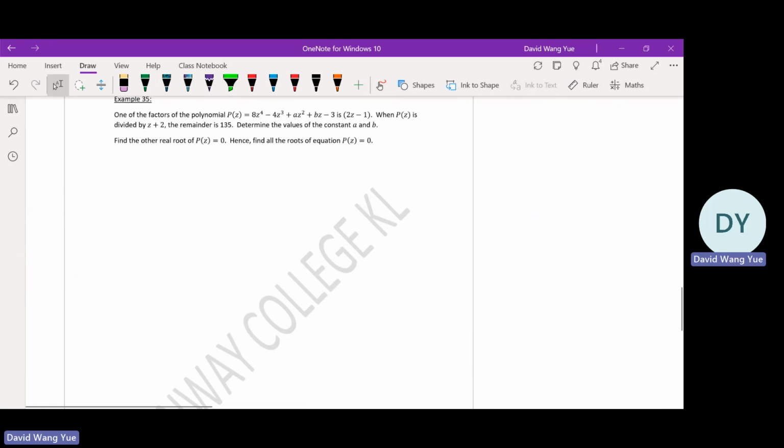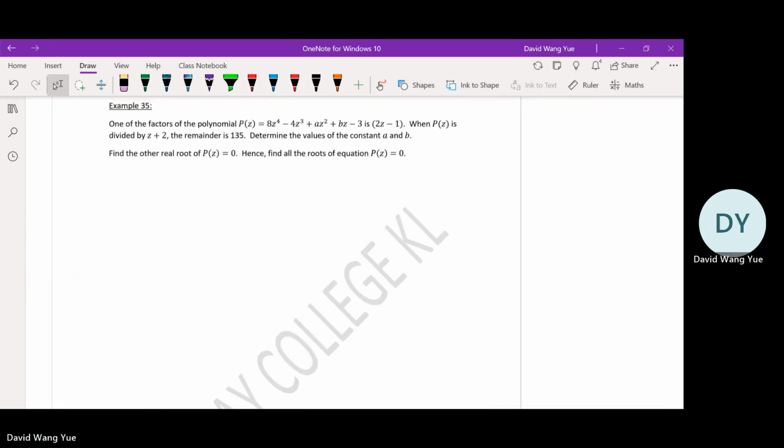Okay, last example. Here they mention a remainder, so we need to use the remainder theorem to do this one. z plus 2 equal to 0, z is negative 2. When it's divided by z plus 2, there's a remainder.